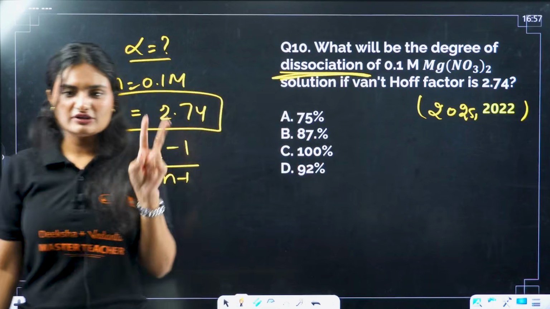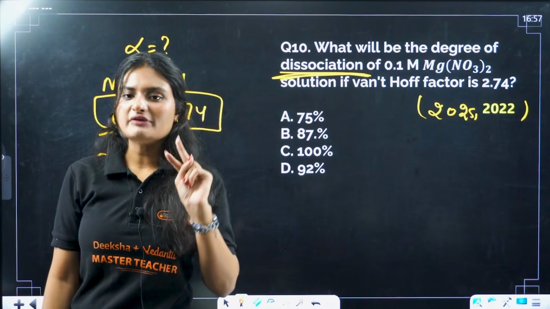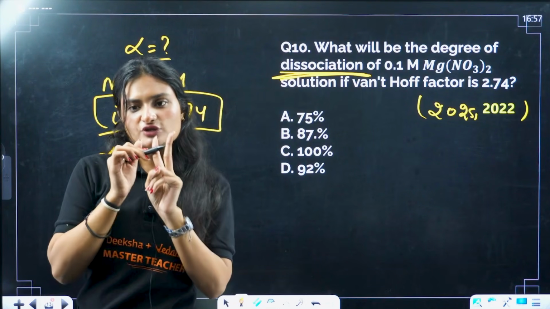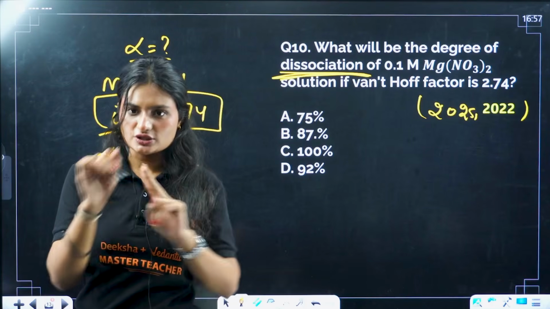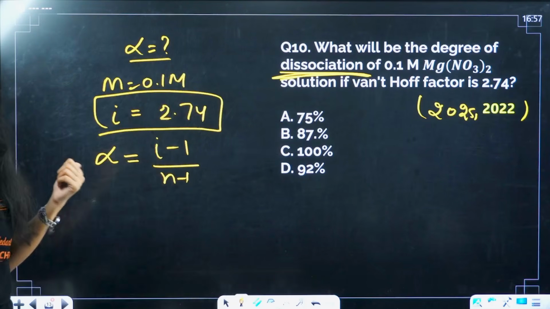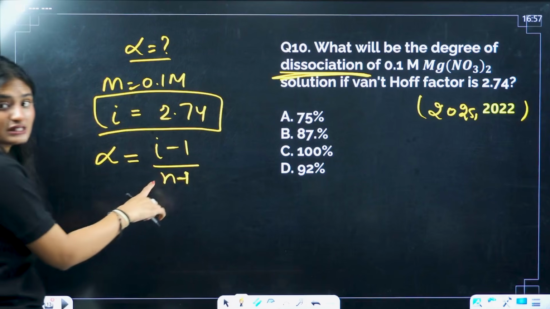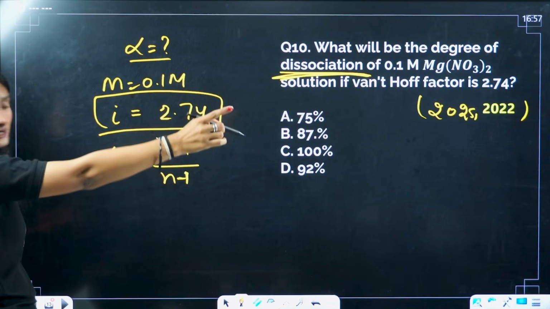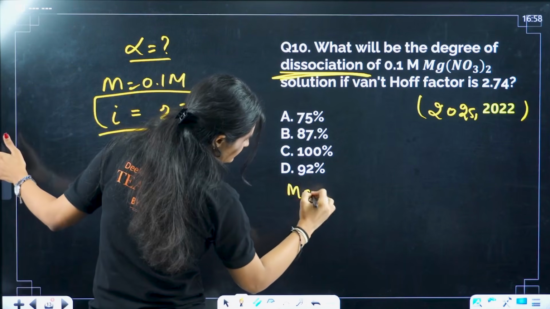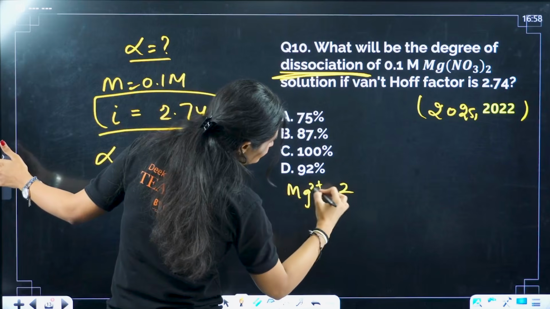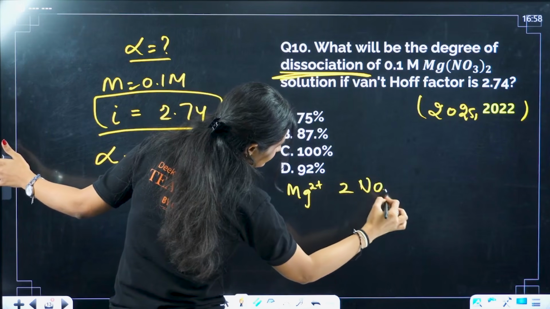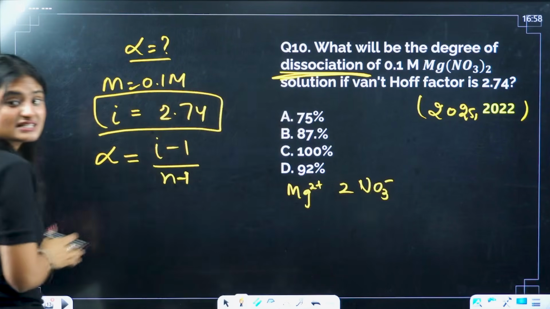When you calculate the Van 't Hoff factor, you have two formulas. One is for dissociation, the other is for association. This one is used when dissociation is there. n is the total number of ions. In Mg(NO3)2, you have one Mg2+ and two NO3-, so n is 3.